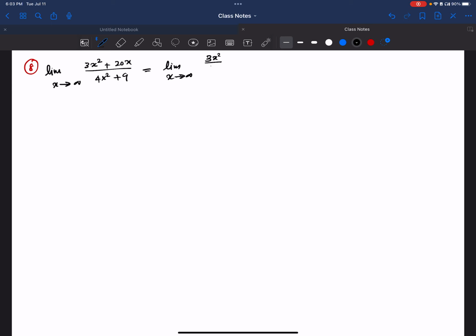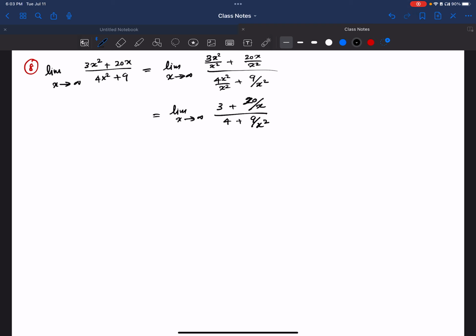3x squared divided by x squared plus 20x divided by x squared, and then 4x squared divided by x squared plus 9 divided by x squared. Very simple. Then you can cancel this out. You get the limit as x goes to infinity of 3 plus 20 divided by x, divided by 4 plus 9 divided by x squared.